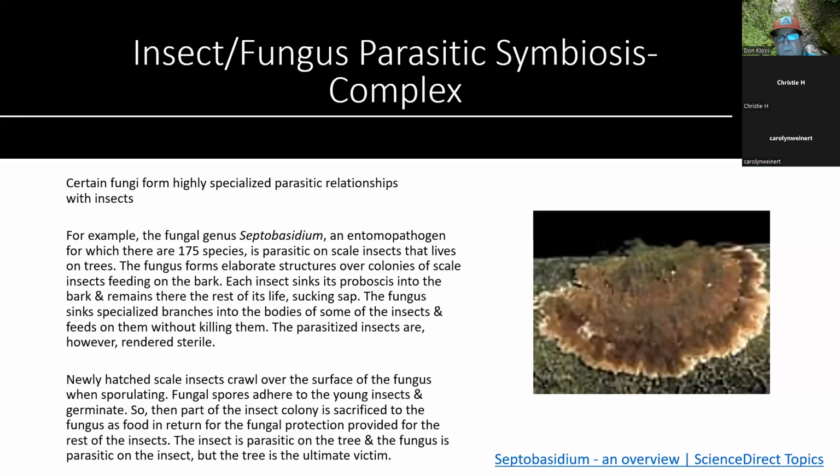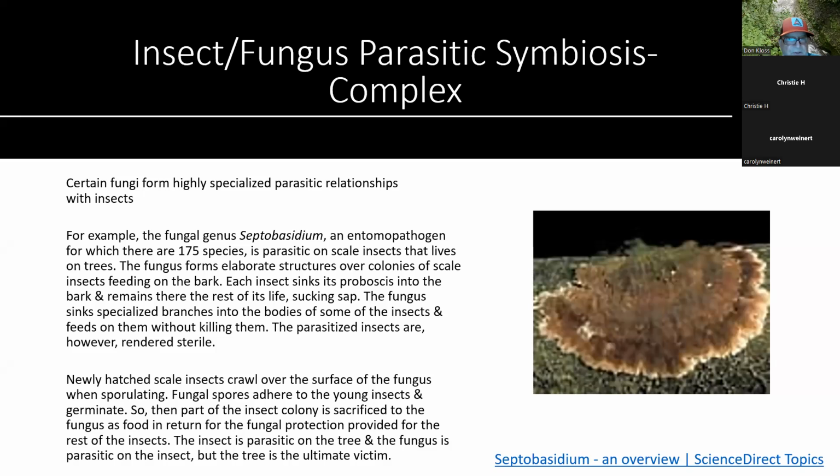So one thing I would like to touch on before we go any further, there are some cases of insect fungi parasitic symbiosis, which is really a complex situation, a complex symbiosis.